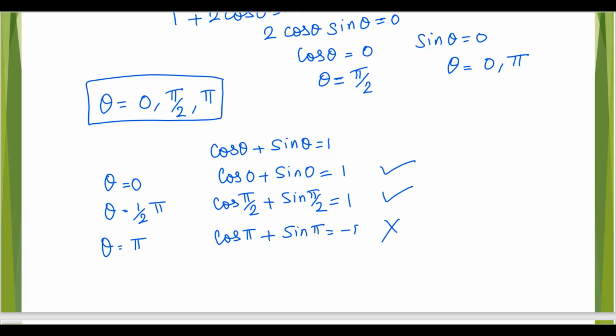Only theta equal to 0 and theta equal to 1 over 2 pi are the solutions.